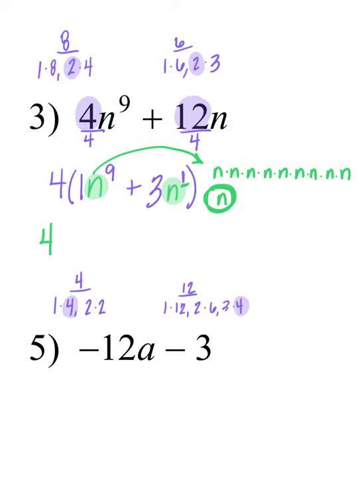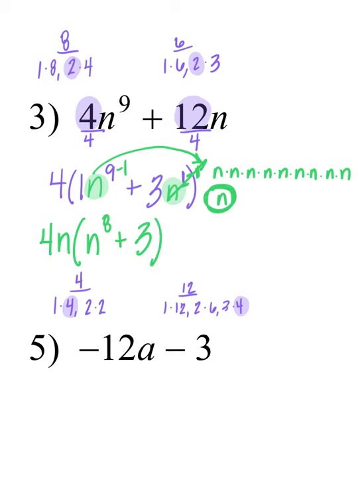So my 4 stays out. I'm going to take 1 n out. And after I take 1 n away from n to the 9th, I'm just subtracting 1. I get n to the 8th. Plus, I'm going to bring that 3 down. And when I take 1 away from n to the first, it cancels out. I don't have any n's left there.